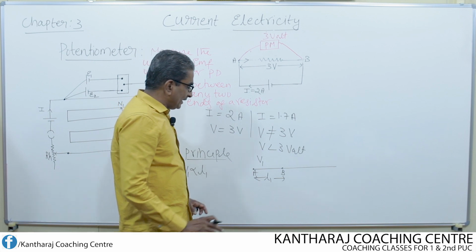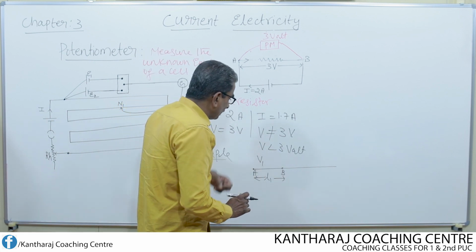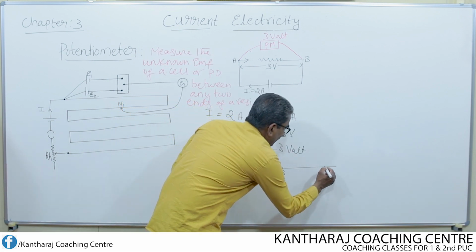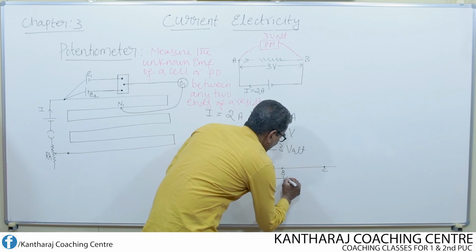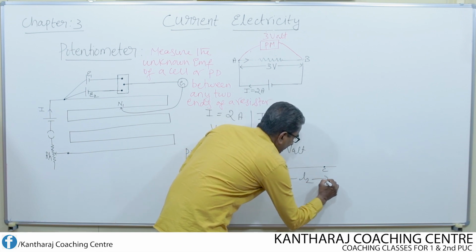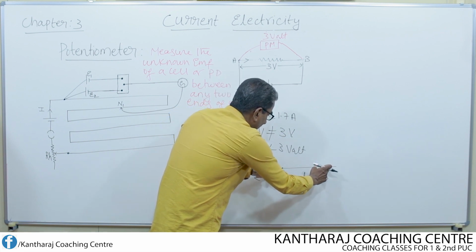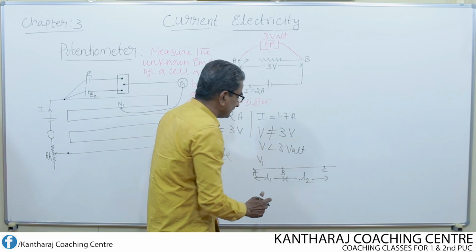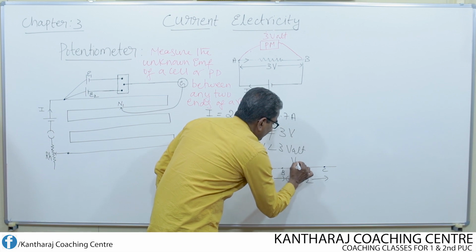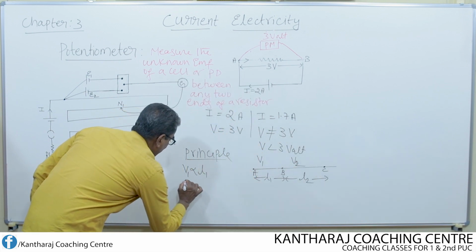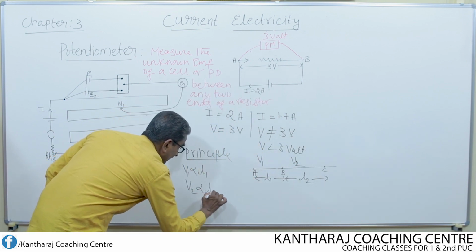Similarly, if I consider the potential difference between two more points, B and C, let the length between B and C be equal to L2. Let us call the potential difference between B and C as V2. This V2 should be proportional to L2 only.